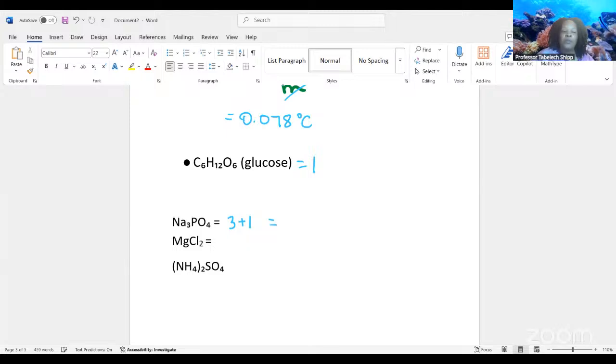So 3 plus 1 gives you 4. So the Van Hoff constant here will be 4. Okay. You have, for the next one, magnesium chloride. You've got 1 magnesium ion plus 2 chlorine ions. So 1 plus 2 gives you 3. Okay.